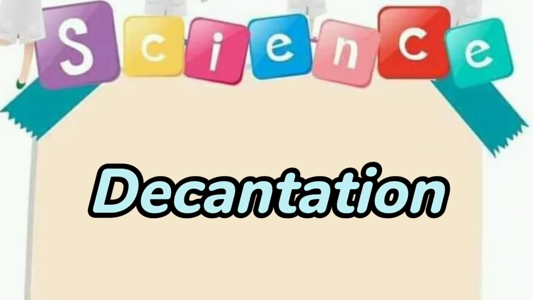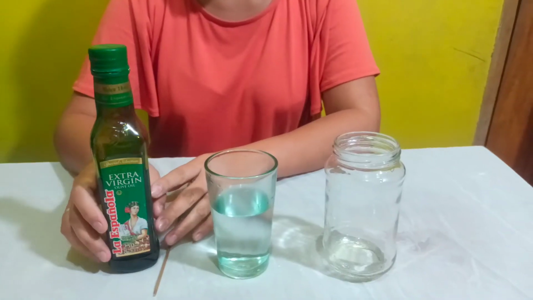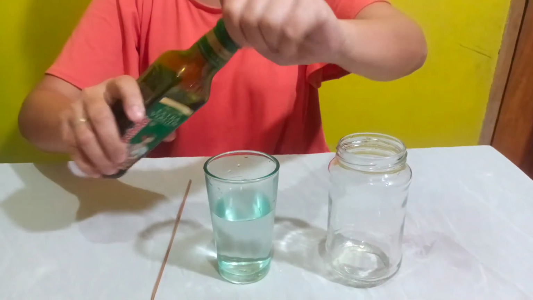Decantation. Another way of separating components of a mixture is decantation. The materials needed are clean water, extra virgin olive oil, an empty glass, and a barbecue stick. It is improvised because we don't have a stirring rod. First, pour the oil into the water.